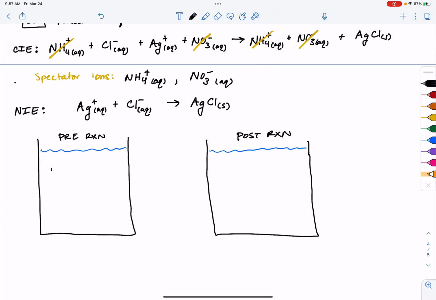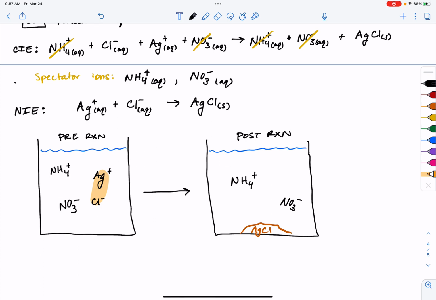So I had ammonium chloride with silver nitrate, and it is the association of silver and chloride that's going to form our solid silver chloride, leaving behind in solution ammonium ion and nitrate ion.